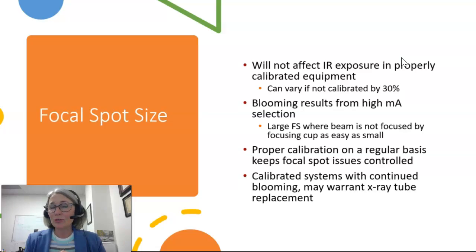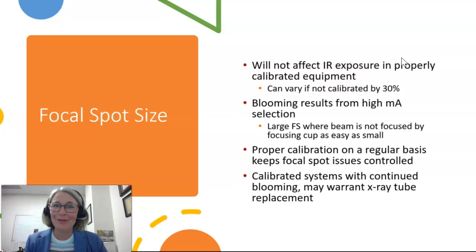So the manufacturers have compensated for that, and they've fixed it so that it looks the same whether you use small or large. So we don't have to think if we're using a small or large focal spot and adjusting by 30%. They do it for us. Thank goodness, right? Proper calibration on a regular basis keeps focal spot issues under control. Calibrated systems with continued blooming may warrant X-ray tube replacement.